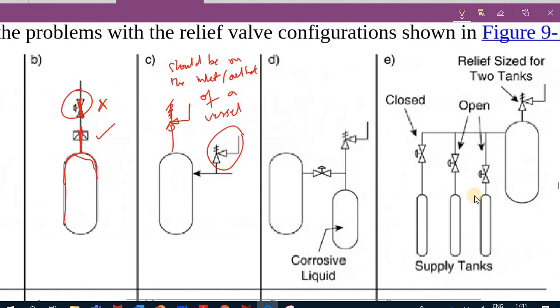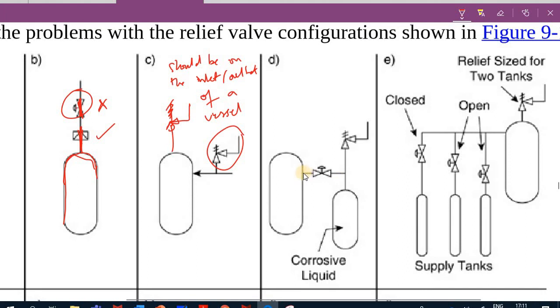What about now part B? Think about it. So what do we have here? For example, there was a lot of gases here, and now there was a high pressure, and then it goes like that. What happened here is that I have a valve that blocks my relief valve.